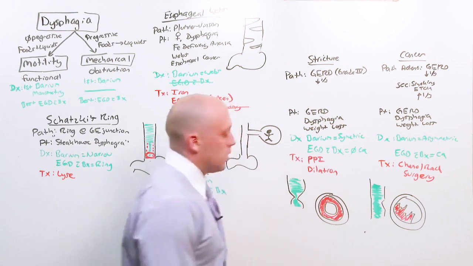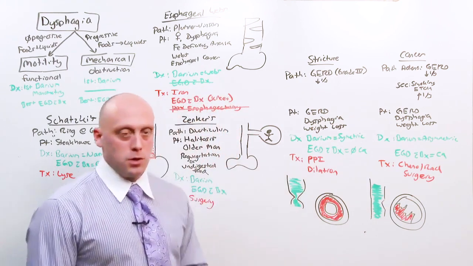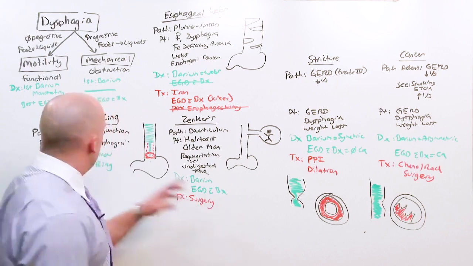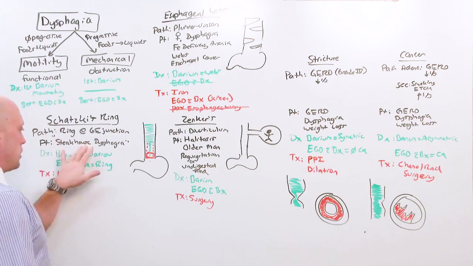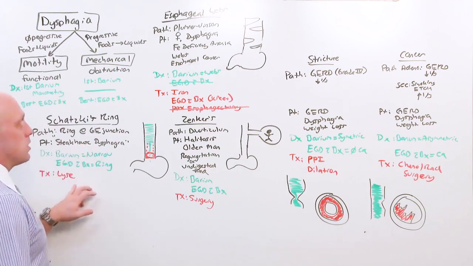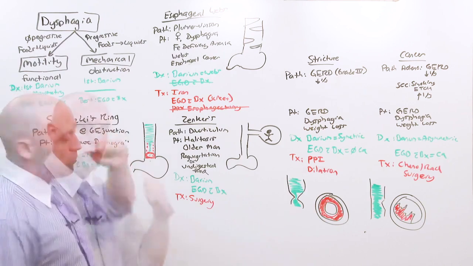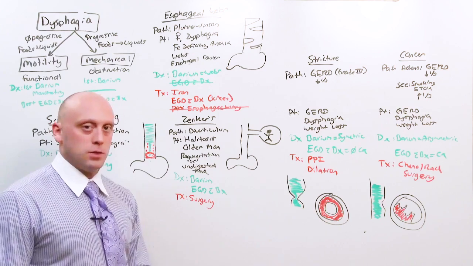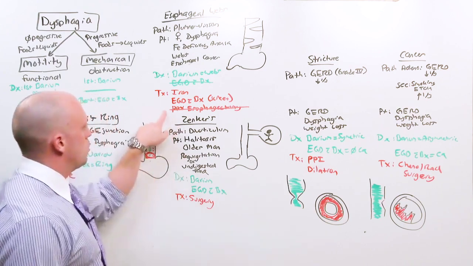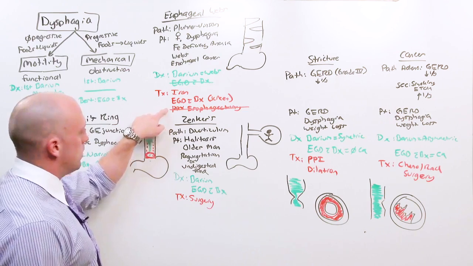So this back half, we talked about the mechanical obstructions. Progressive dysphagia. Schatzki's ring is the thing that's always there, but they don't really notice, and you can just lyse it with an EGD. Plummer-Vinson syndrome, women with webs, iron deficiency anemia who develop esophageal cancer, screen them, no prophylactic esophagectomy.